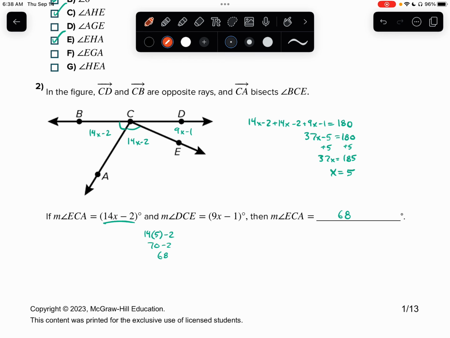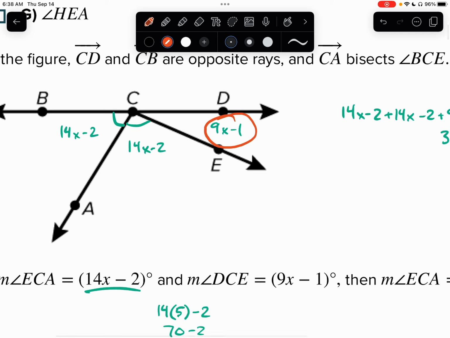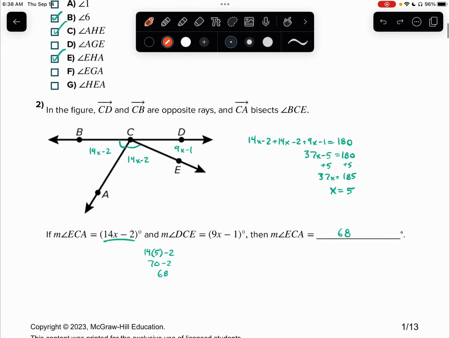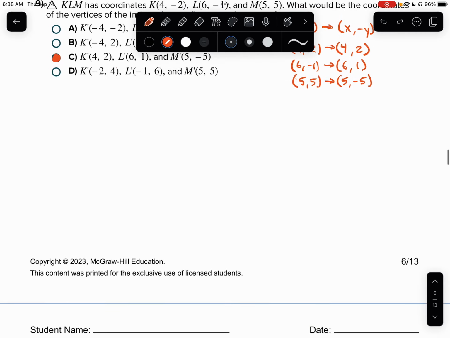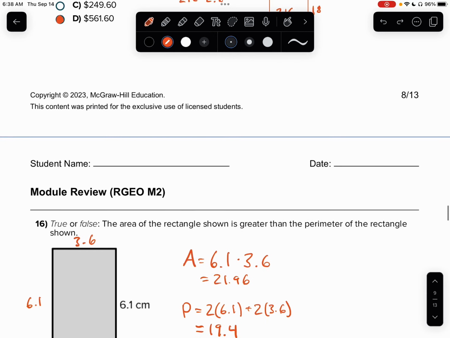But if I knew this angle measure here, I could have just done 2y plus whatever that angle measure is equals 180, and then solve for y, and that's all I would have to do there. All right, so that is the shortcut to number 17.